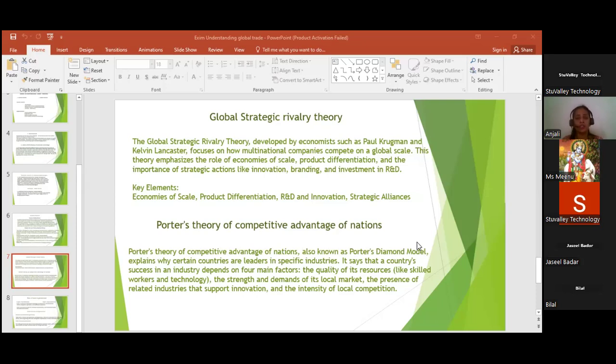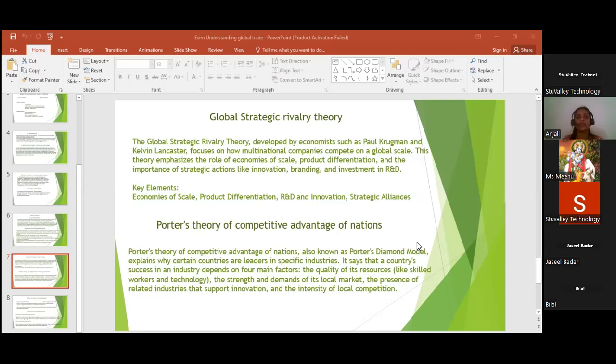So in Porter's theory of competitive advantage, it is explained that IT services and technology came into existence, and the demand for these industries has boomed to a very high level. These industries and firms are supported in a strategic way, like Infosys and TCS, which are both Indian companies.